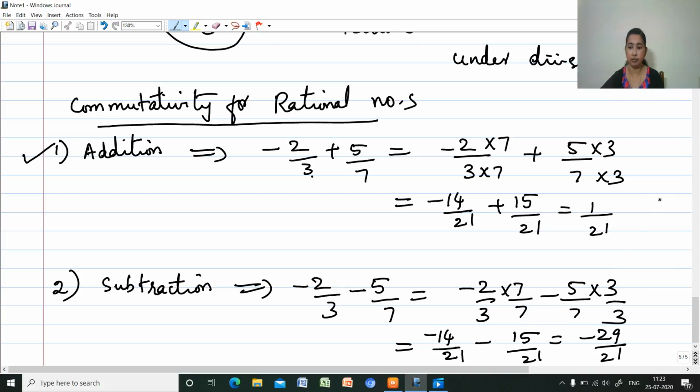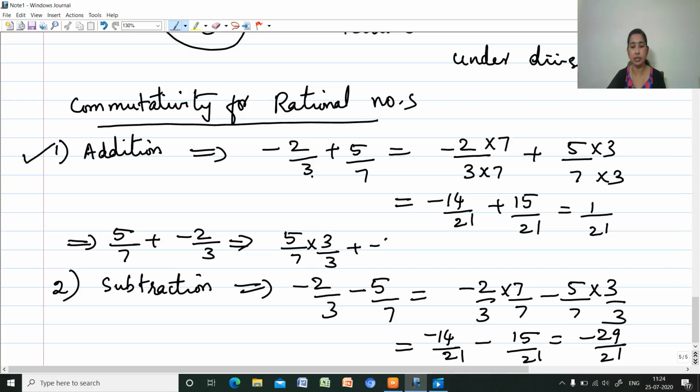And before that, one more thing I missed out is, I did check for commutative in the addition, but I checked only one side. Sorry, I will explain the other side also here itself. That is, 5 by 7 plus minus 2 by 3. In the case of commutativity, we have to check both sides. So here 5 by 7 into 3 by 3 plus minus 2 by 3 into 7 by 7.